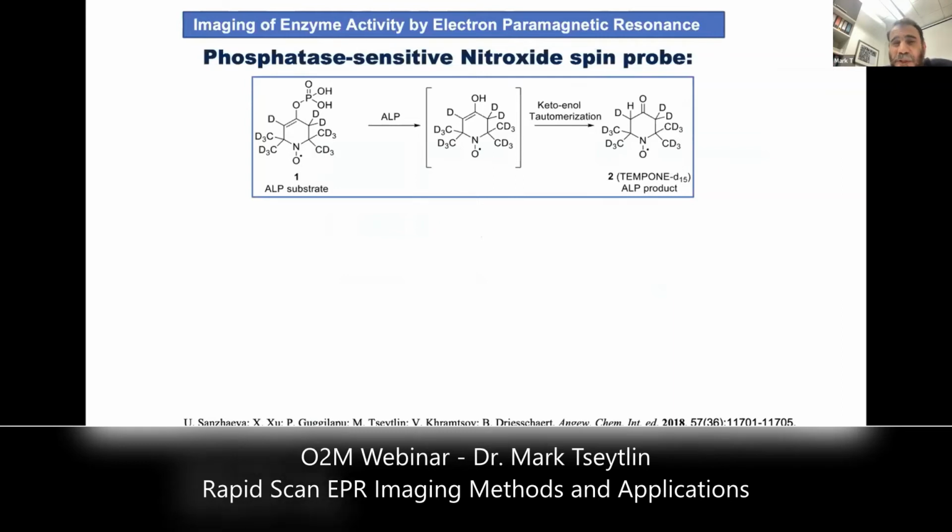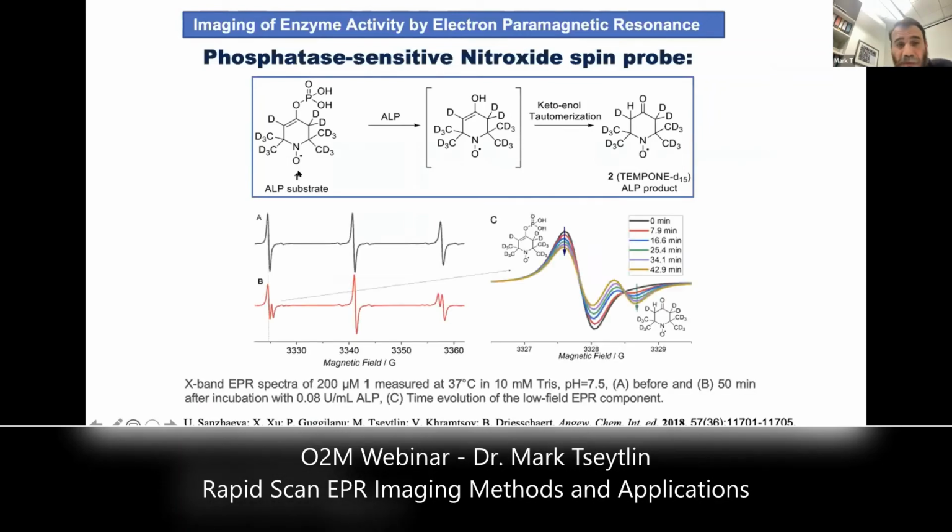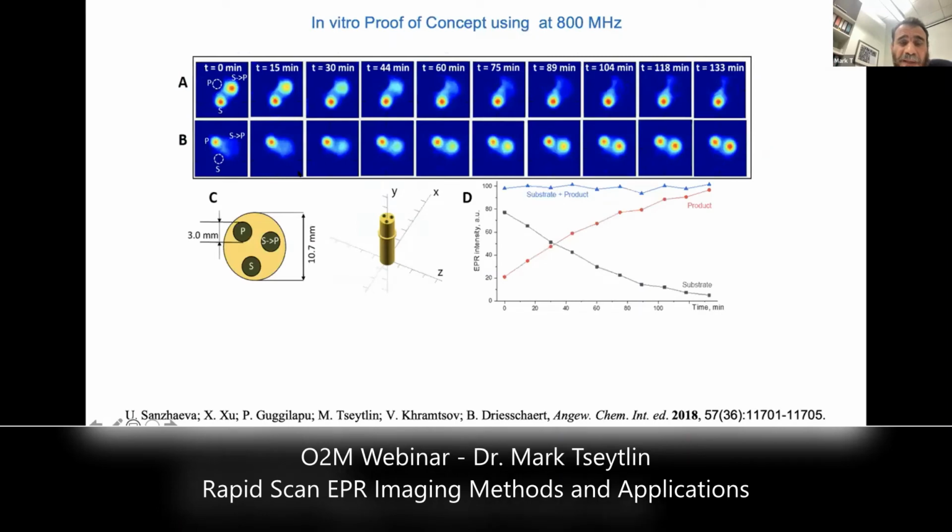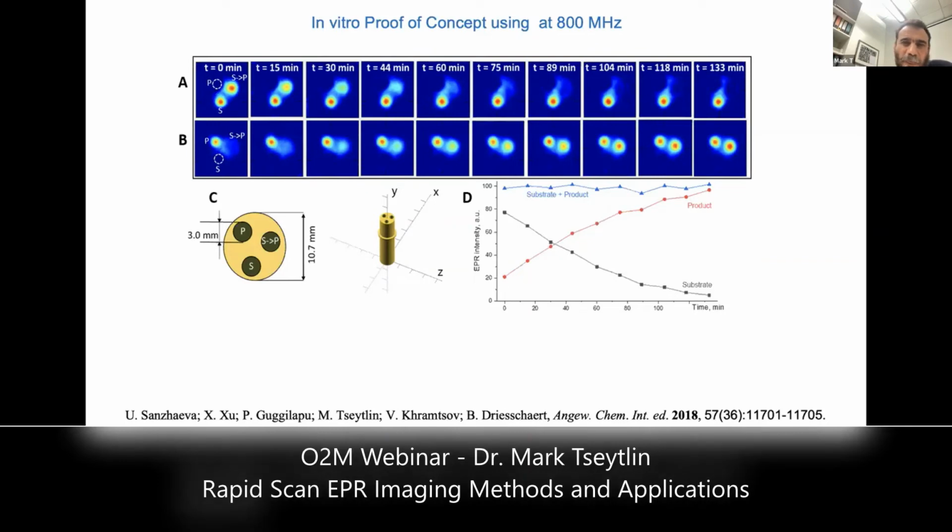I mean, mostly him, we just imaged for him. We demonstrated that we can do imaging of enzymatic activity. His lab made a sample where there is a substrate and a product, and one gradually becomes the other. So I think it was one of the first examples when we demonstrated EPR imaging of enzymatic activity.